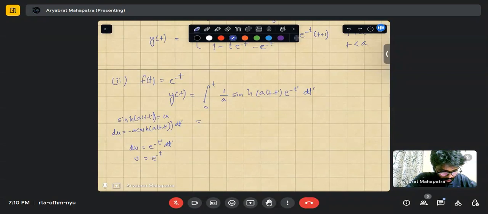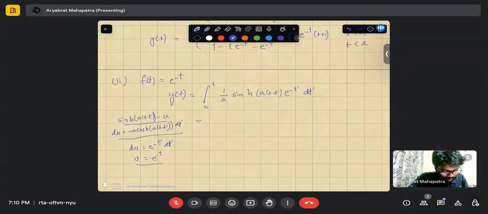When you try to solve this integral, you have to use integration by parts. For that, I have taken u to be my sine hyperbolic and v to be my minus e to the power minus t prime, and then dv and du would go like this.